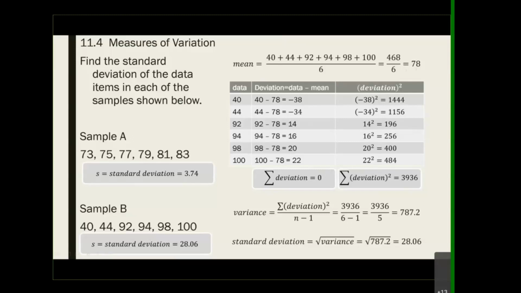As you can see, the mean for sample A is 7.8. The mean for sample B is the same, but one standard deviation is so small and one is so big compared to the other. Right? One is 3 and the other one is 28. So why is the standard deviation so different among the 2 data sets? Any idea?